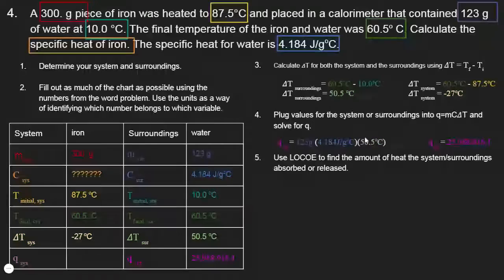Now I'm going to use Law of Conservation of Energy to figure out the amount of heat the system or surroundings absorbed or released. It tells us that the Q of the system plus the Q of the surroundings gives us a net movement of heat of 0. Plug in what we know, and that's Q of the system plus 25,988.916 joules equals 0.